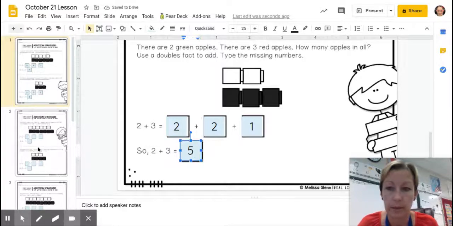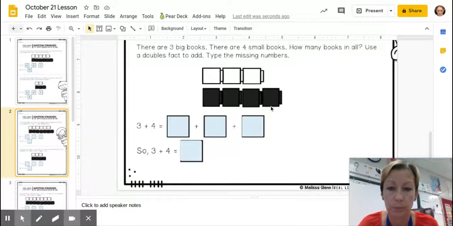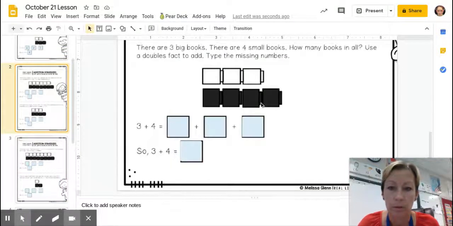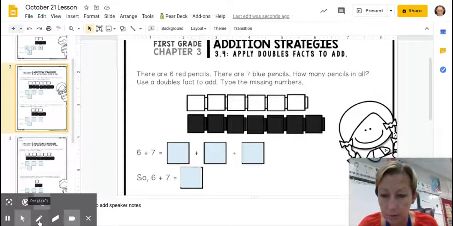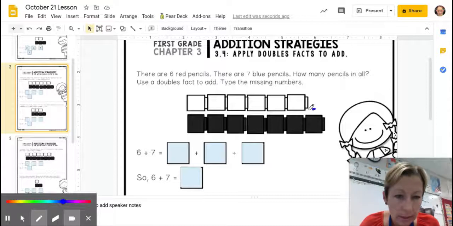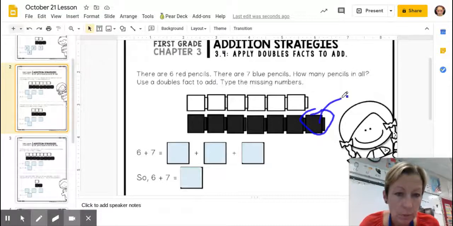All right, let's look at the next problem. We have 6 red pencils, 7 blue pencils. How many pencils in all? How do you use a double to add? Okay, so 6 and 7. All right, so if you take this one, put it over to the side for just a minute.